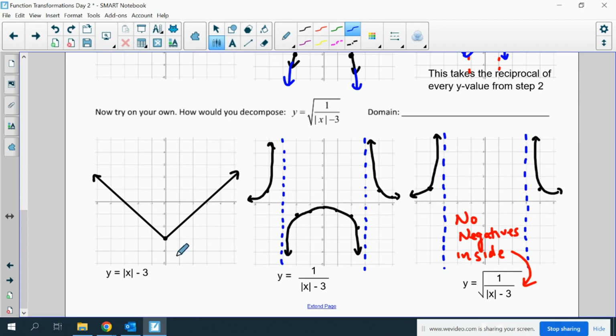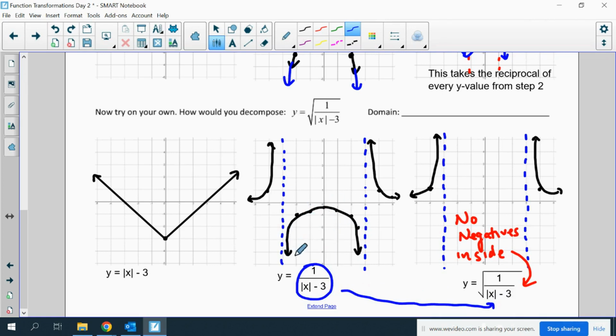This problem is actually a little trickier than you might think. So you end up with absolute value of x -3, pretty straightforward. Then you do the reciprocal of that, which we've practiced a couple times, so that's pretty straightforward. But then when you take the square root of step 2, we have a lot of negative numbers in between -3 and 3 for the values of x.